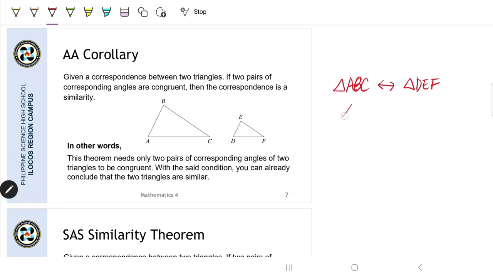If we can show that angle A is congruent to angle D and angle B is congruent to angle E, then automatically by the AA corollary, triangle ABC is similar to triangle DEF. So it is a simplified version of the AAA similarity theorem.